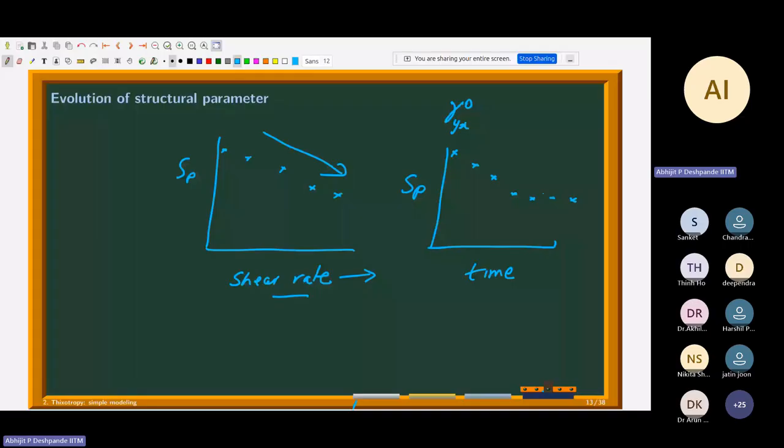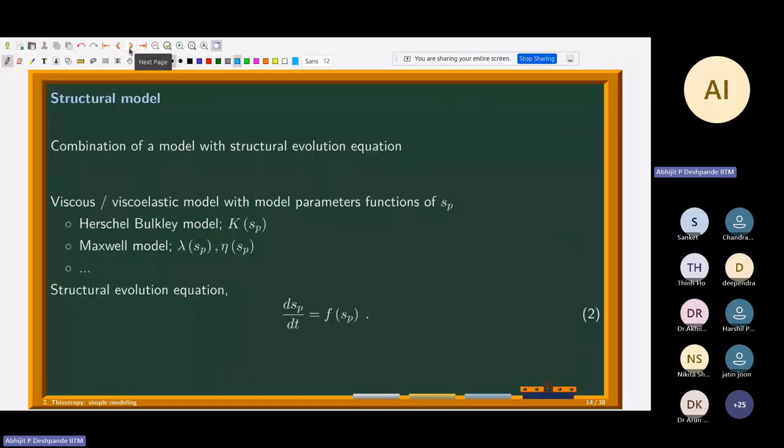So now what we really need to do is to get a rheological model. What that means is we have to combine a model which includes stress, strain, and strain rate with this structural evolution equation. The hypothesis we make is that for a model of a viscous or viscoelastic fluid, the model parameters also depend on the structure parameter.